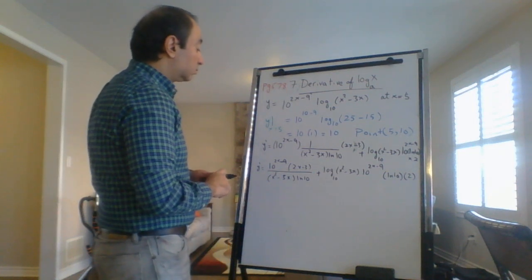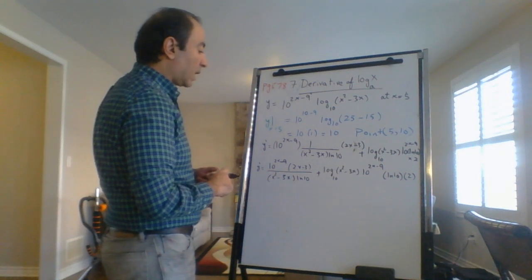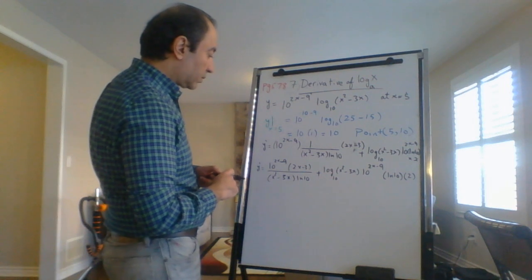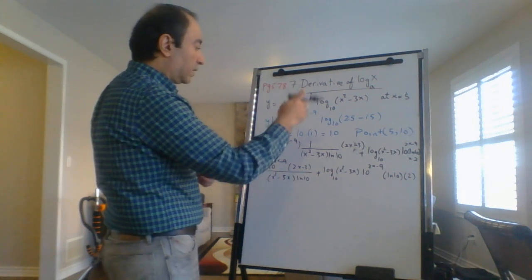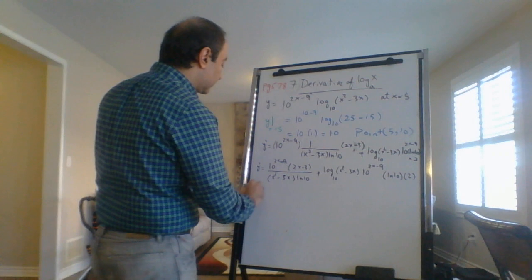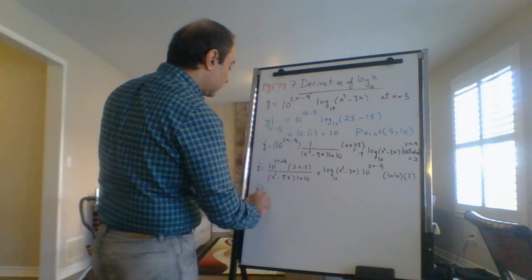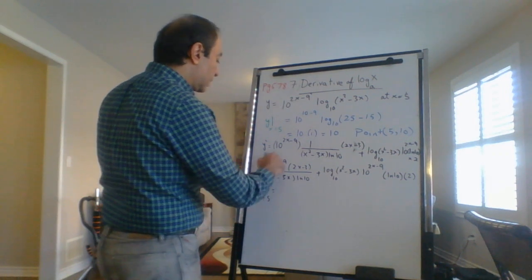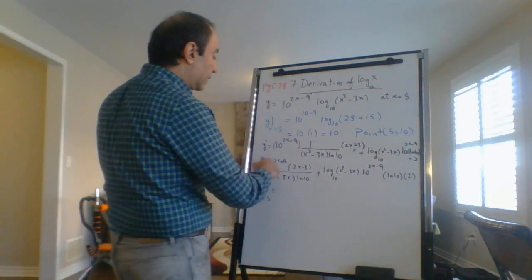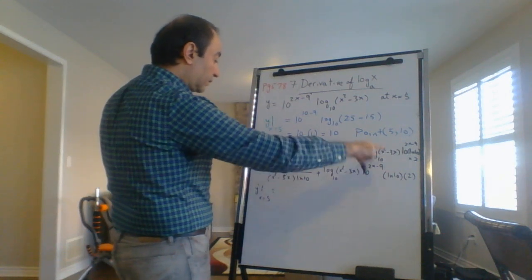Now, I don't know if we can simplify or anything, but anyway, we can find y prime when x equals 5. So I will take every x and put 5 instead of x in the derivative function.